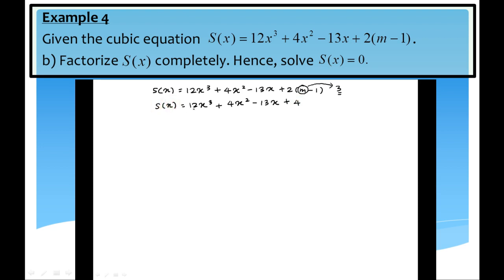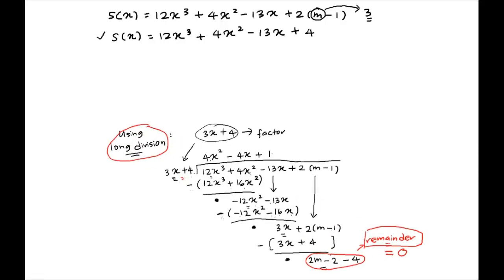So this is our Sx. The question asks, factorize Sx completely. So, we need to factorize this Sx. From part A, we can use this long division to factorize our Sx. So, we can write like this. So, we have factor 3x plus 4 as our divisor. So, we can write 3x plus 4, okay, bracket, and then we can use this quotient, 4x squared minus 4x plus 1.